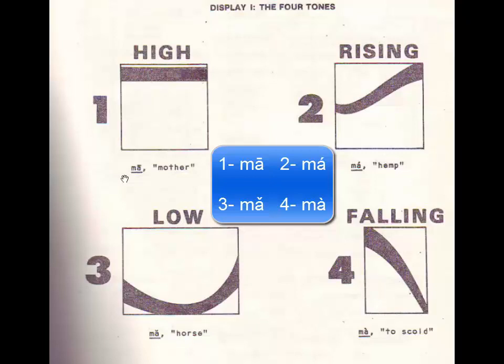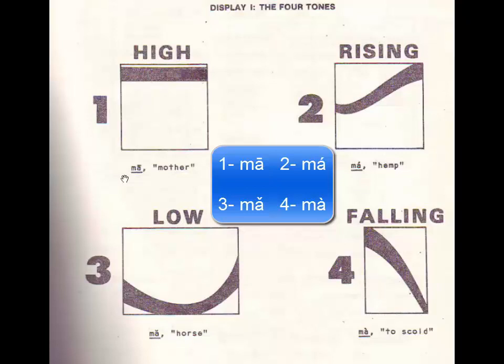For a more dramatic example of such a difference in contour, listen to the 2nd tone or rising tone word hemp and the 4th tone or falling tone word to scold. Ma, ma. Again, hemp and to scold, rising versus falling. Ma, ma.